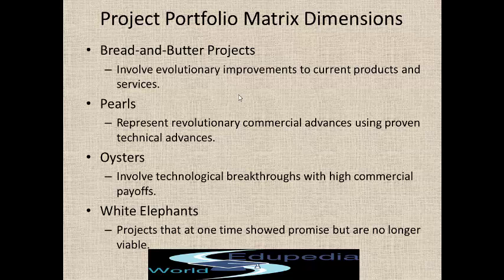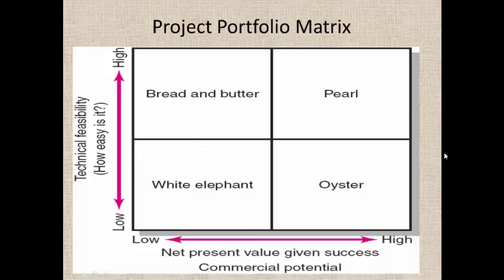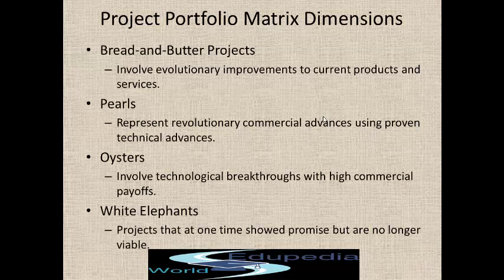Pearls represent revolutionary commercial advances using proven technical advances. You are doing state of the art new technology. For example, somebody is developing a mobile phone with 5G technology. That is like a pearl project. Oyster projects are technological breakthroughs with high commercial payoffs.